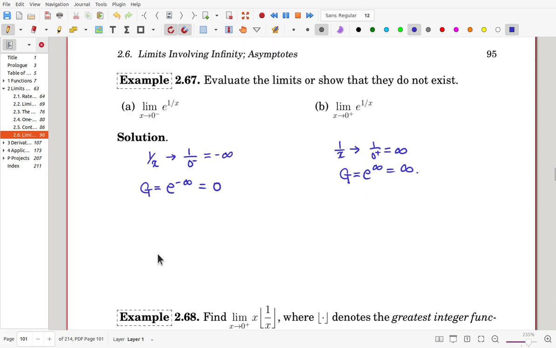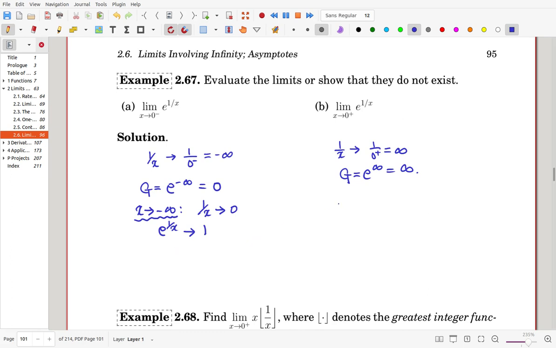Now what if we consider the case x goes to minus infinity? Once that happens, 1 over x is approaching 0, so e to the 1 over x is approaching 1.